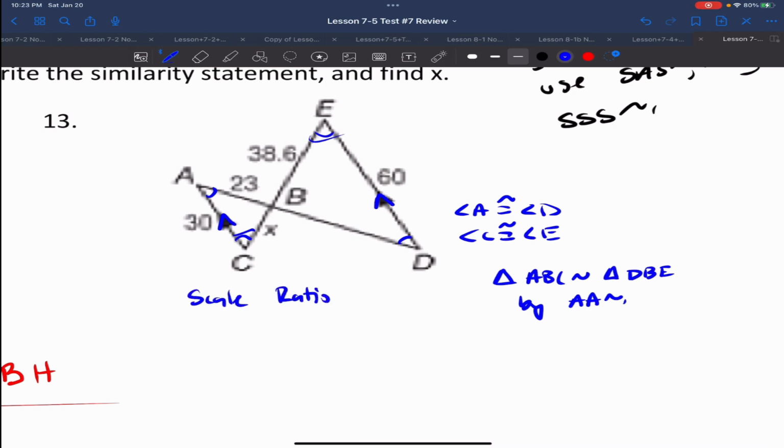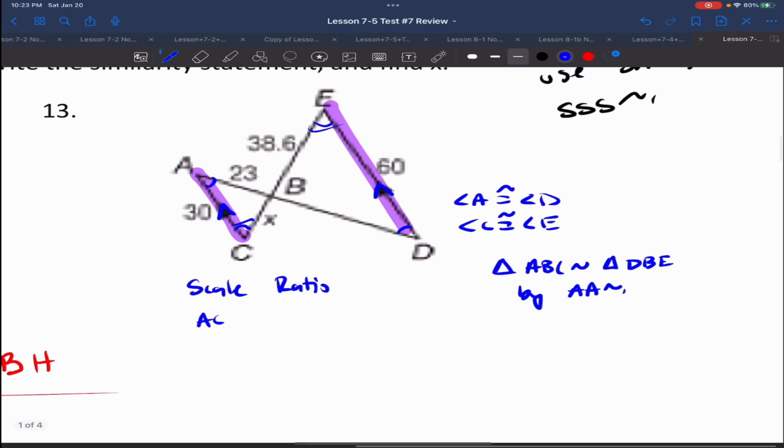So AC has to correspond with ED, right? I have AC, the first and the last, that should correspond with the first and the last on the other side of the similarity statement. So AC over DE is equal to 30 over 60, which is 1/2.